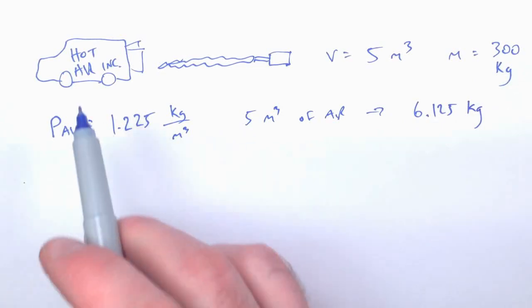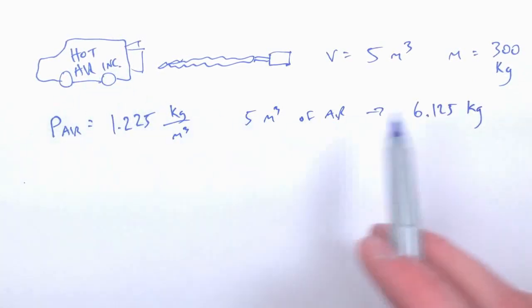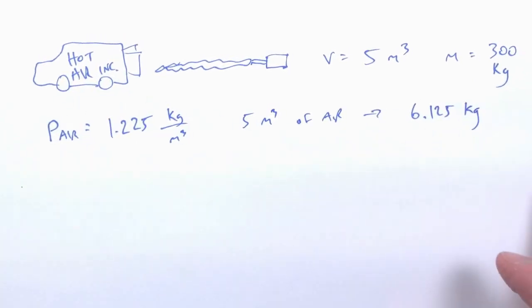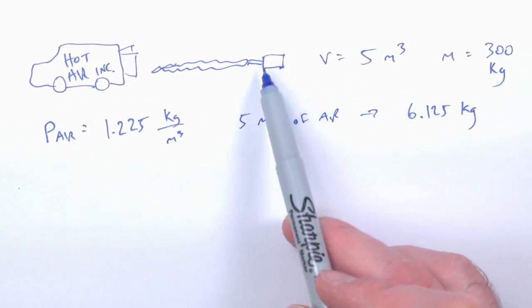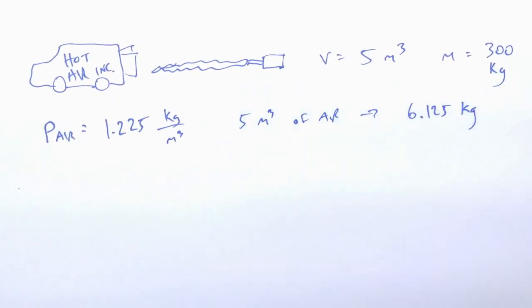So when this van is empty, there's 6.125 kilograms of air in it. However, when they shove that hot air balloon in there, there's 300 kilograms of hot air balloon in there.